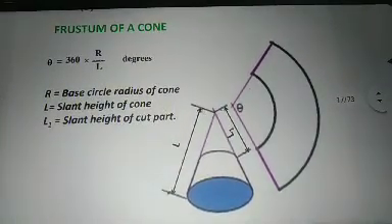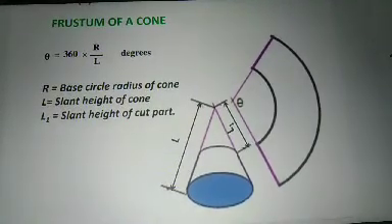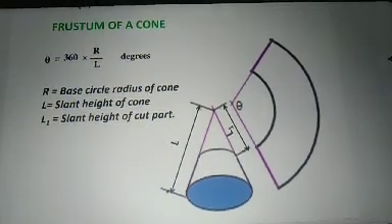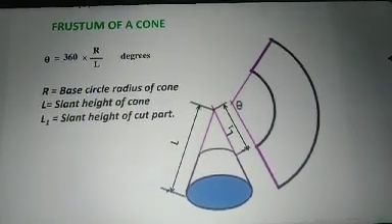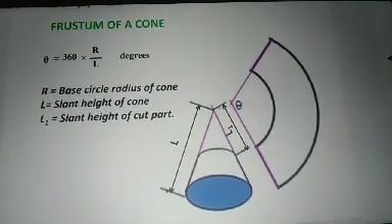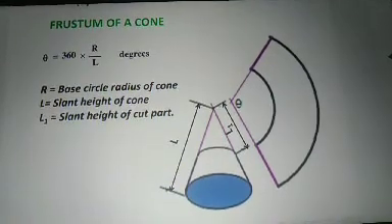R by L, theta is nothing but the angle of development of that cone, which is theta equal to 360 into R by L degrees, where R is the base circle radius of the cone. Base circle radius means if the base diameter is given as 50 mm, then the base circle radius is 25 mm.